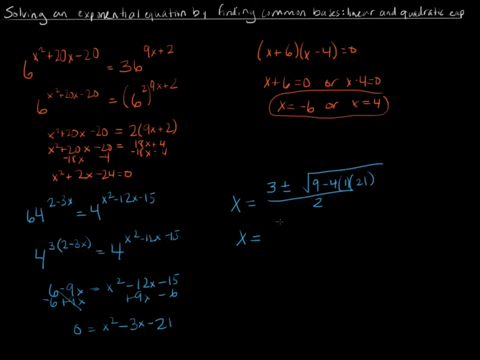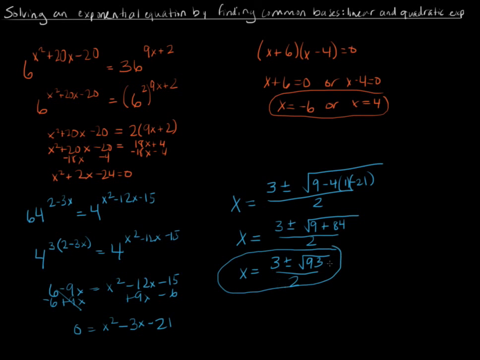So x equals 3 plus or minus the square root of, let's see, oh, sorry, this is negative 21, so 9 plus 84 all over 2. So this is x equals 3 plus or minus the square root of 93 all over 2. And this would be your final answer because the square root of 93 does not simplify.